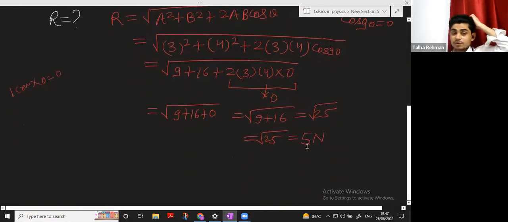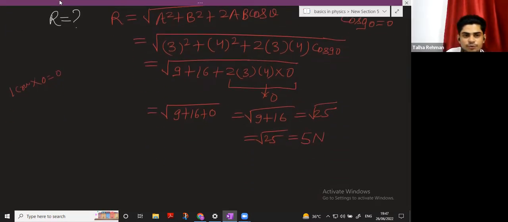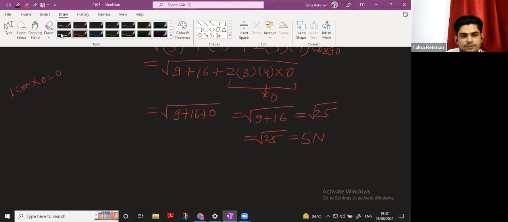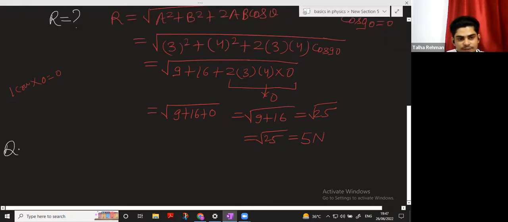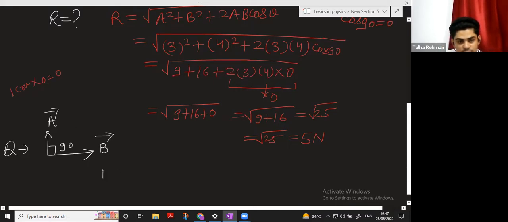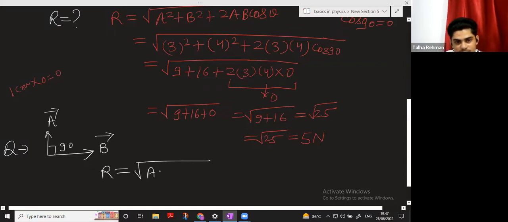So now we can conclude from here that if two vectors are at 90 degree, like A vector and B vector, so resultant can be directly found with square root of A square plus B square.